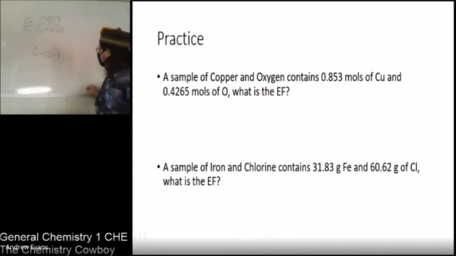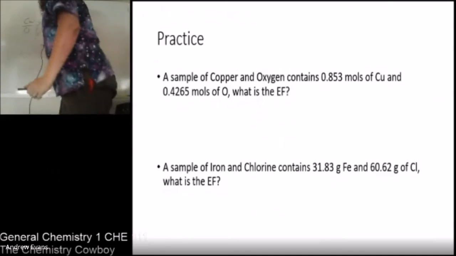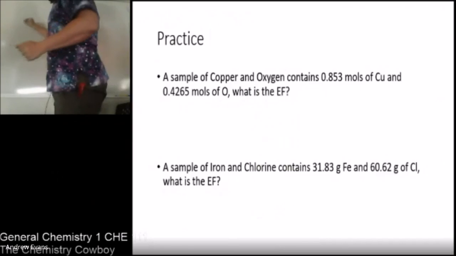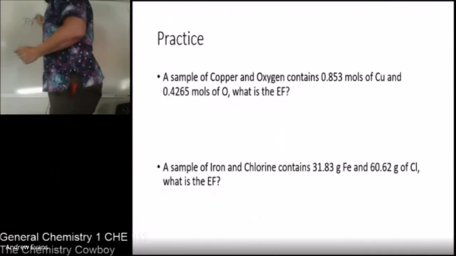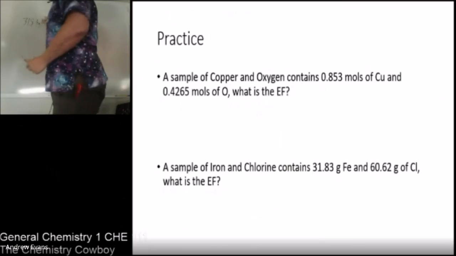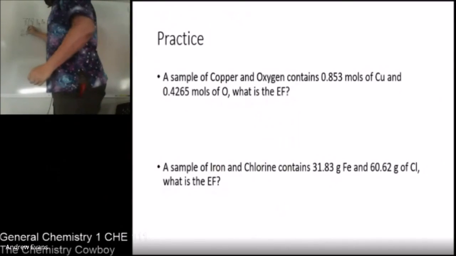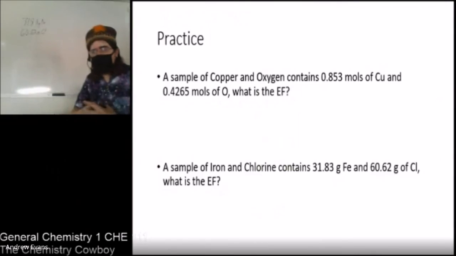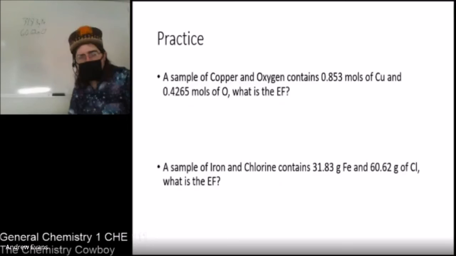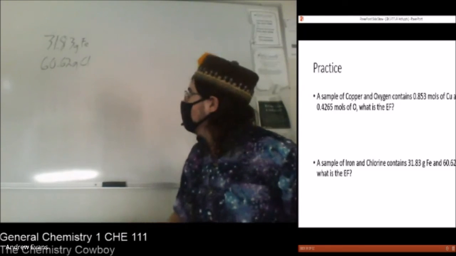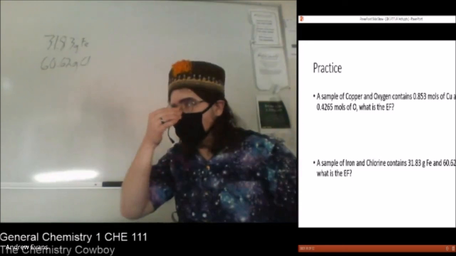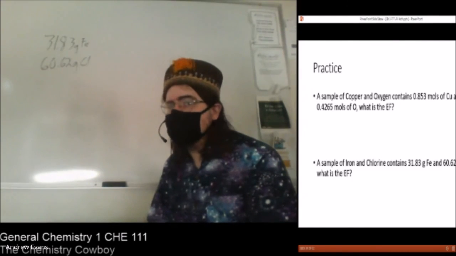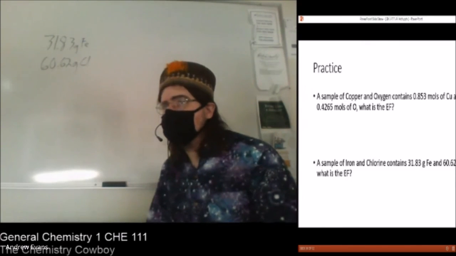Let me quickly write that down on the board: 31.83 grams Fe and 60.62 grams Cl. If you just compared it directly based on mass alone, it looks like a 1-to-2 ratio, but we cannot compare based on grams alone.